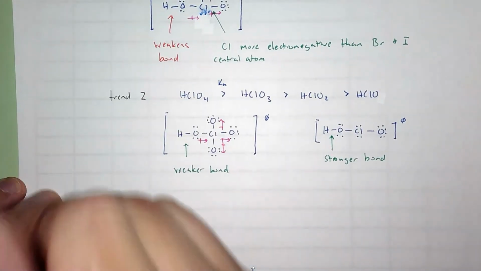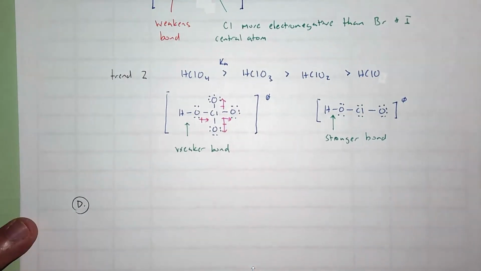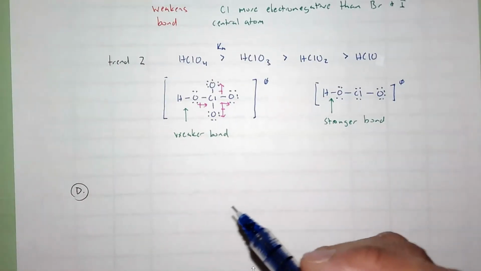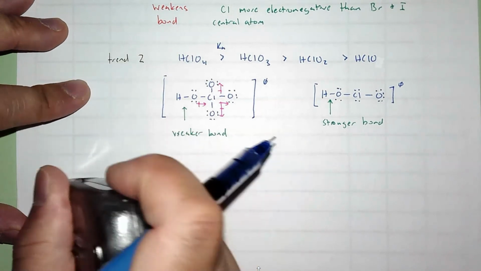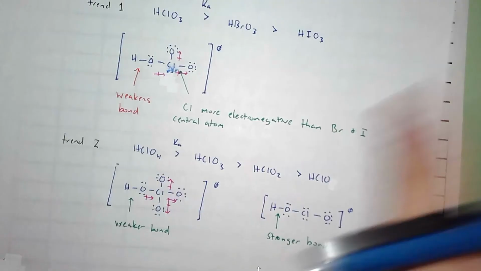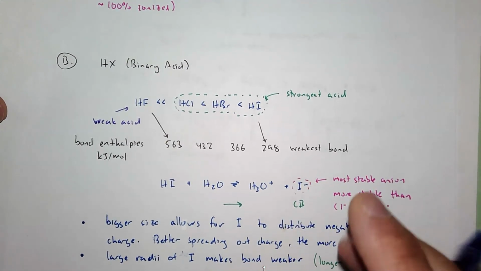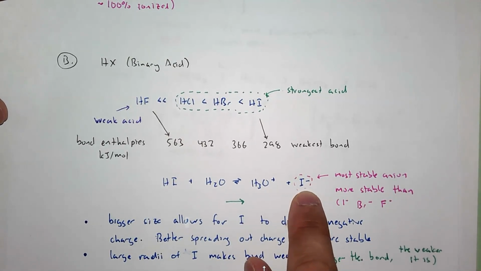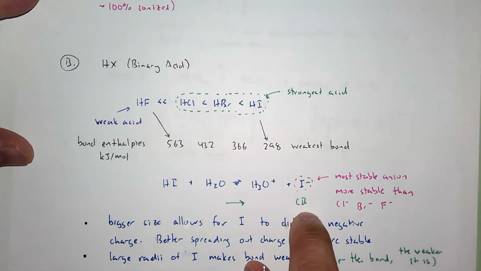I do want to just mention briefly the strength of the conjugates. Do I want to talk about that now? Why don't I save that for the next video? All right. We alluded to it here when we talked about the stability of the conjugate base. In the next video, we're going to rationalize that if this I minus is very stable, it is not a very strong base, right?